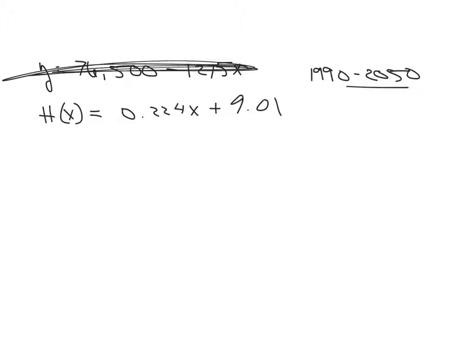So it's asking, what is the slope of the function? If it's y equals mx plus b, the slope is going to be 0.224, and the y-intercept is going to be 9.01. So it's real easy to graph that.